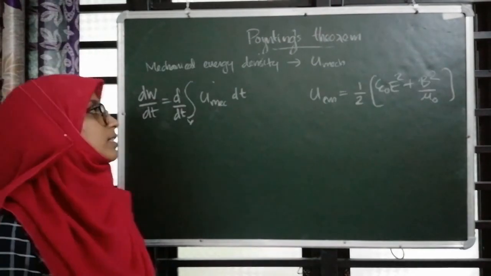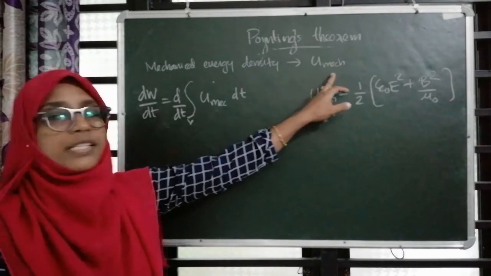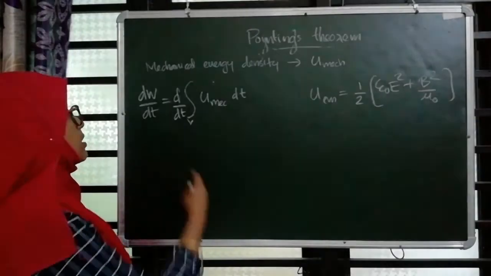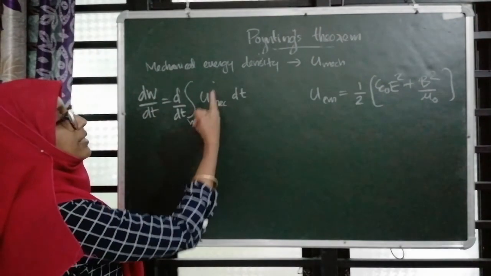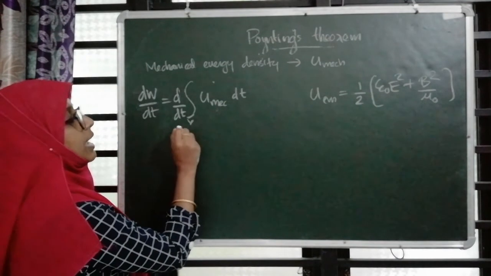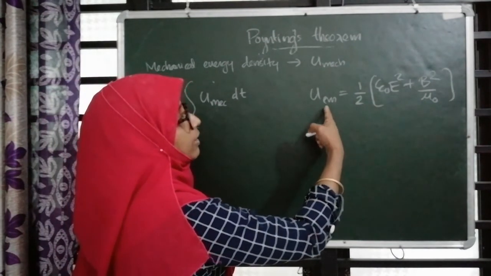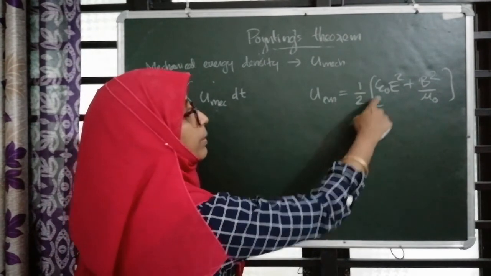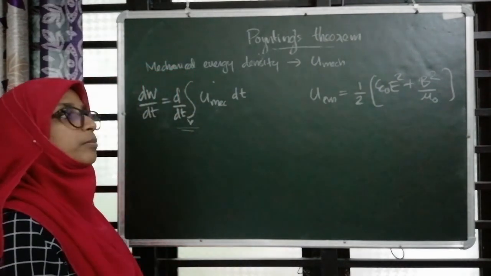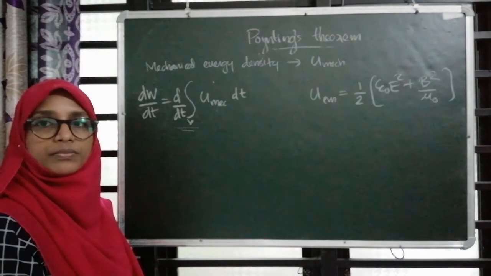Now, we can consider the mechanical energy density U. That is, the work done can be written in terms of the mechanical energy density like this. And also we know the electromagnetic field energy density is equal to 1 by 2 epsilon 0 E squared plus B squared by mu 0.